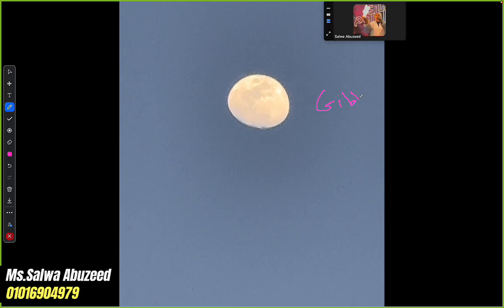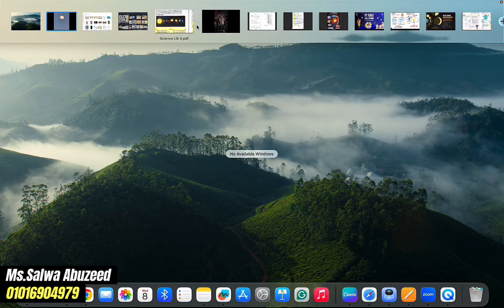It is gibbous, big boss. But I don't know if it's waning or waxing. So it started to light from here and it's trying to finish, but didn't finish yet. So that's going to be called waxing because it's trying to finish. It didn't finish yet.